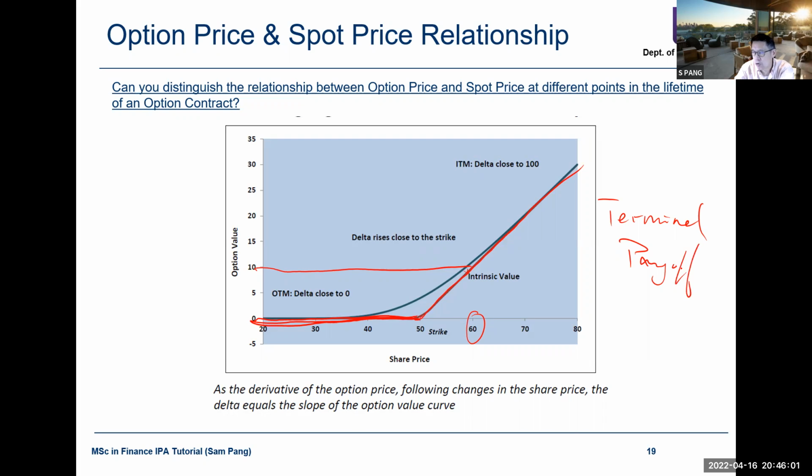So you can imagine if you have an option which has just got 1 day or 1 hour to expiry, then yes, it would look like the straight line. But if you have a call option, strike 50, you buy that today and it's got 1 month to run, and 2 days later the stock price jumps to 70, well, it may not look like this because the line is going to sort of levitate.